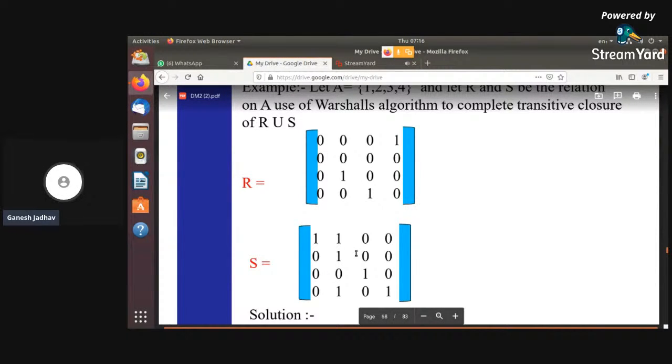Here is 1 1, so this is 1, you can write 1 also in R union S. Then this is 0 0, so this is 0.